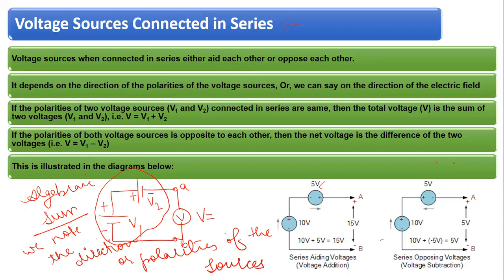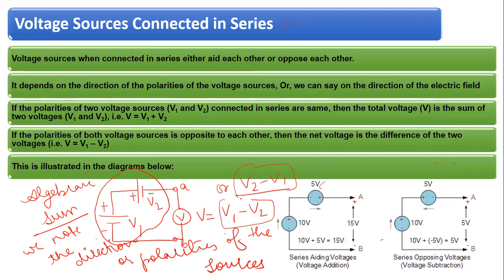So what will be the net voltage here? It would be V1 minus V2. It could be or V2 minus V1. Okay, so that depends upon the magnitude and strength of the voltage source also, right? So it would be the difference in any way. It would be the difference of two voltages.